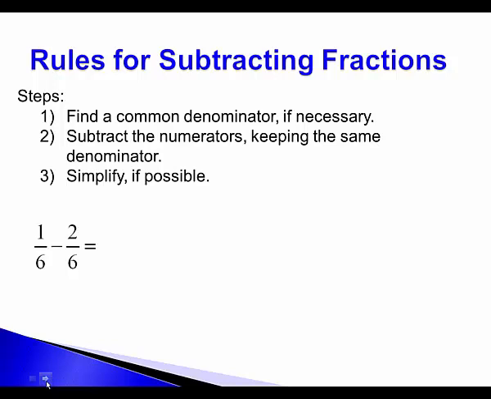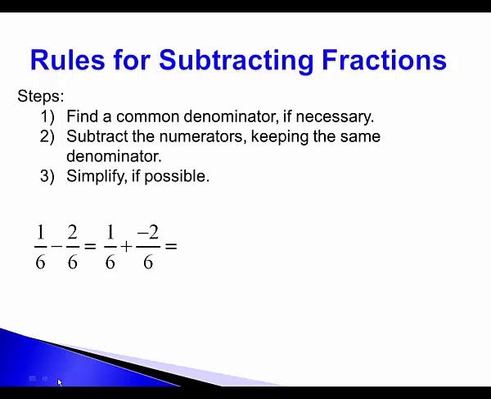If I give you 1 over 6 minus 2 over 6, notice that I was very kind to you this time, and I started you out with a common denominator. We already have the 6's that match, and so we simply need to do the subtraction. I'm going to revert to the checkbook method that we used way back when we were adding and subtracting integers. And so what I'll write next is 1 over 6, and remember how we added the opposite?